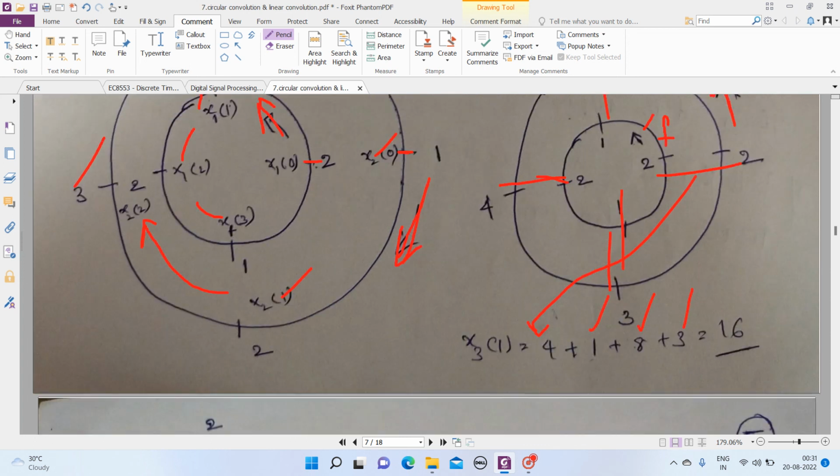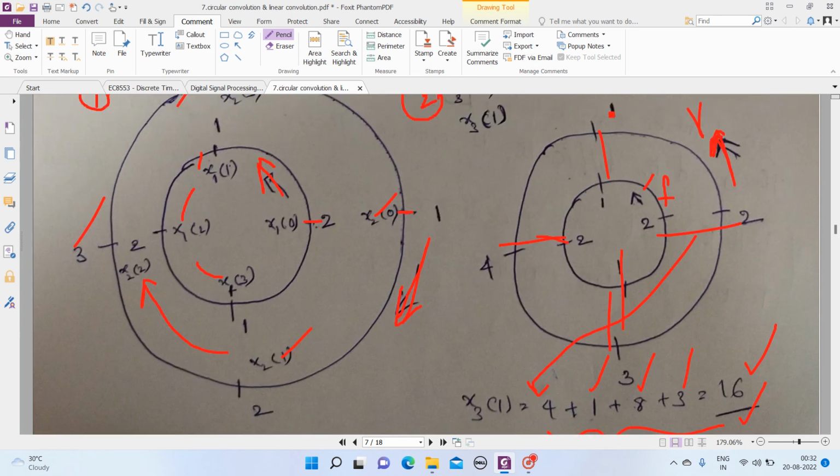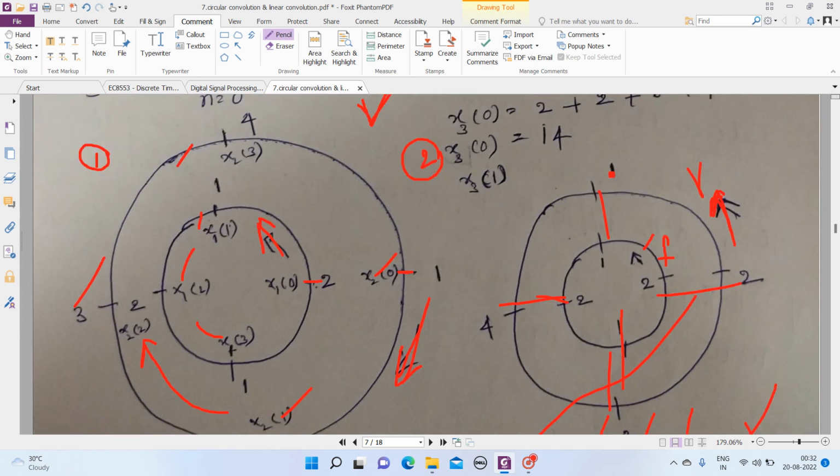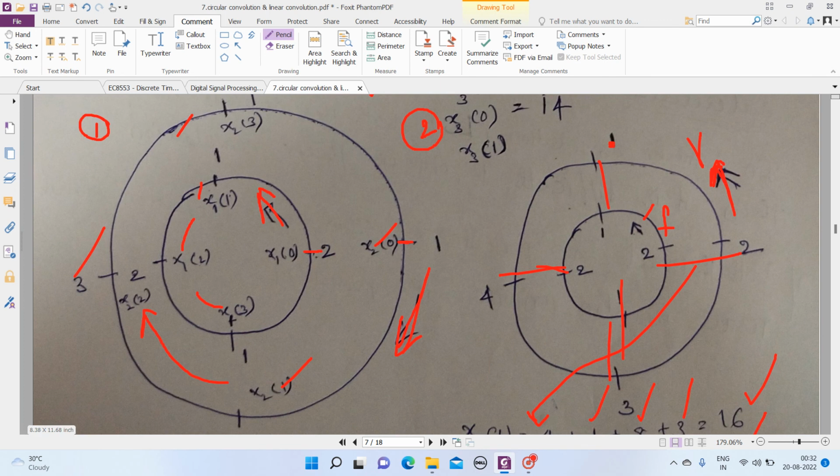After adding all these elements, I will get 16. This is x3 of 1. Sorry, this is x3 of 0. The first graphical representation is x3 of 0.